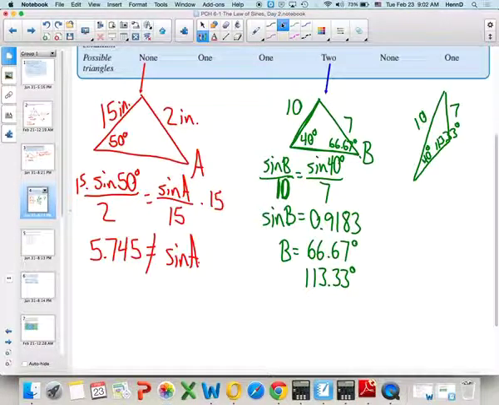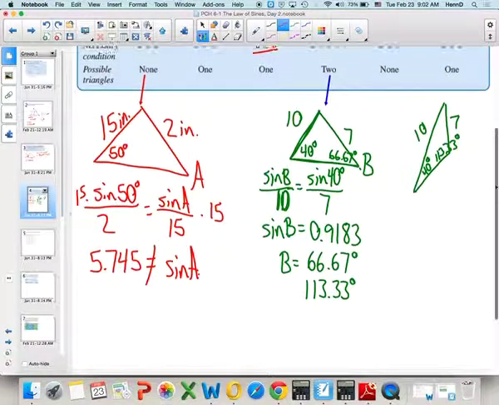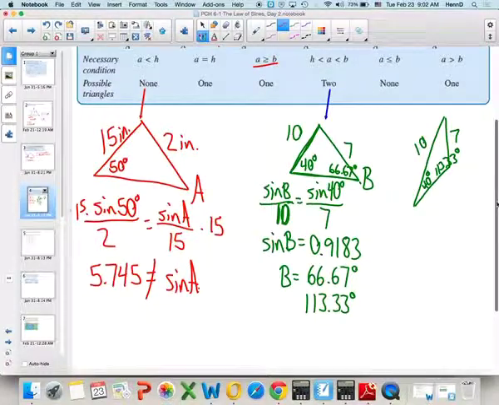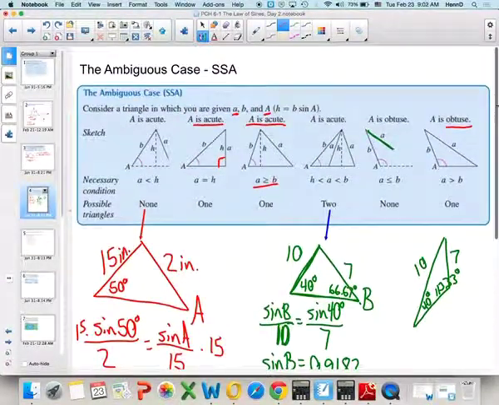Yes, in some cases. We can see here, even given side-side-angle, there are cases where there's only one possibility. We saw those three cases. But there's also the possibility that there's no solution, and the possibility that there are two viable solutions. Mm-hmm.